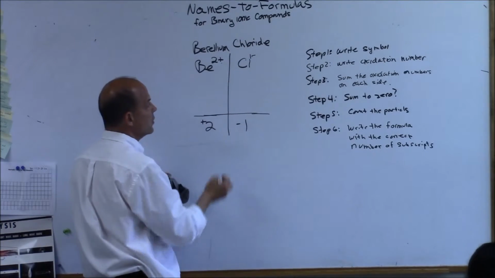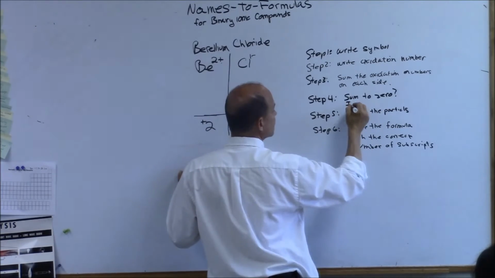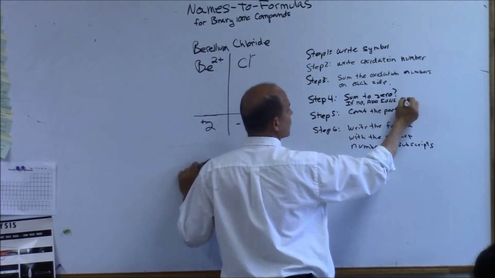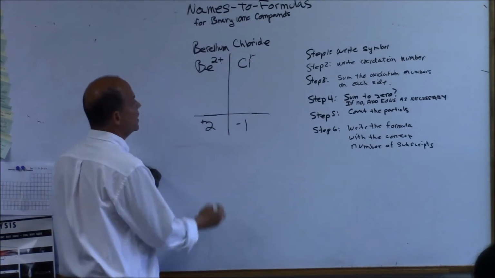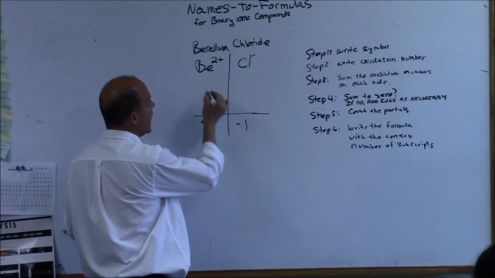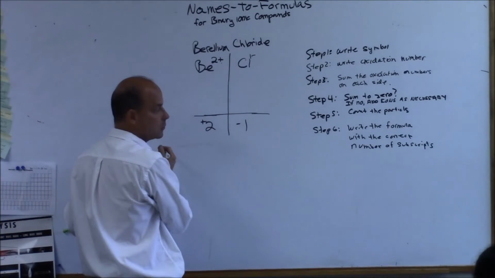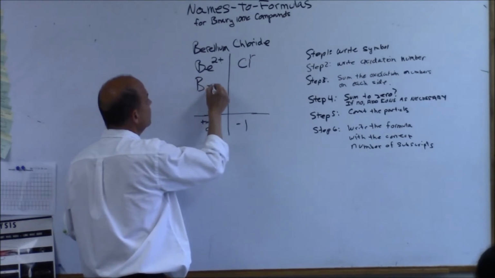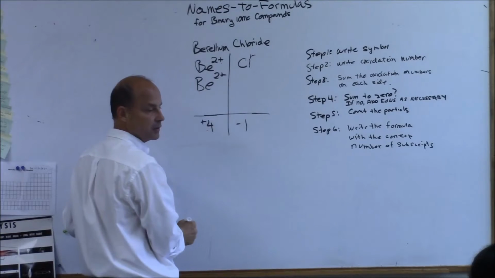No. So step 4, if they don't sum to equal 0, we're going to have to add ions as necessary. So what do you think I should do? Should I add a beryllium or should I add a chlorine? Well, if I add a beryllium, then this turns out to be a +4 and a -1.